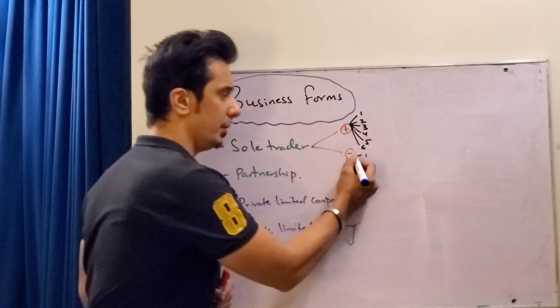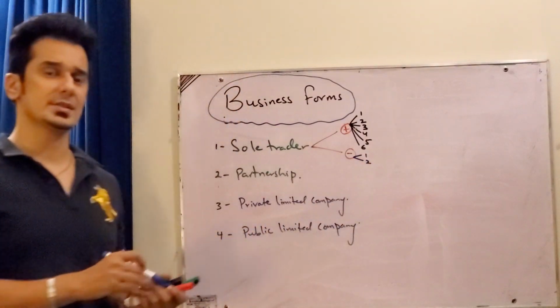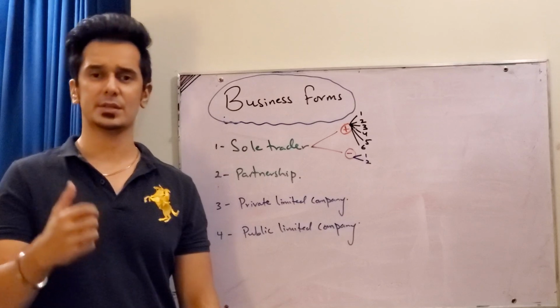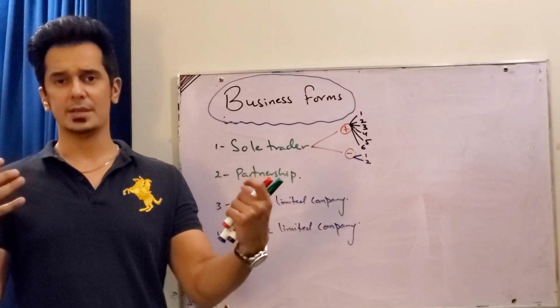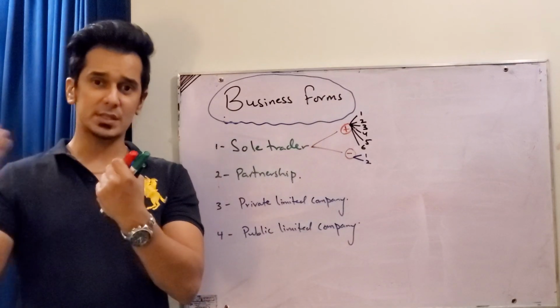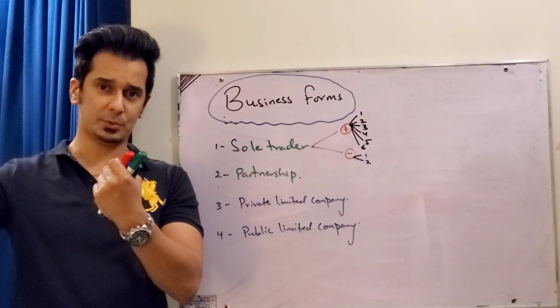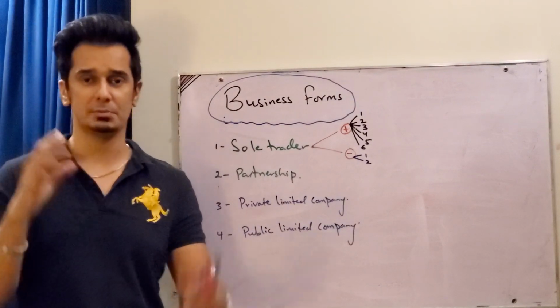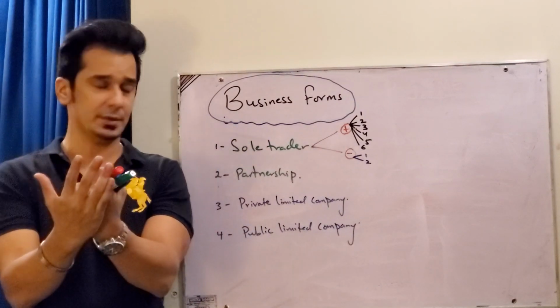The second drawback of a sole trader business is that it is an unincorporated business. That is, the owner and the business are considered the same entity. For instance, if the business is sued, the owner will be held legally responsible because the owner and the business are considered to be one.